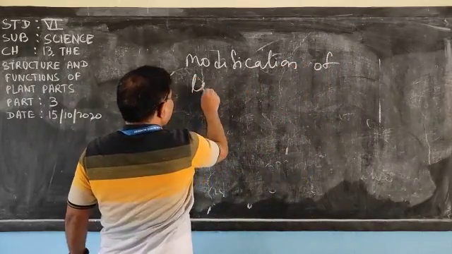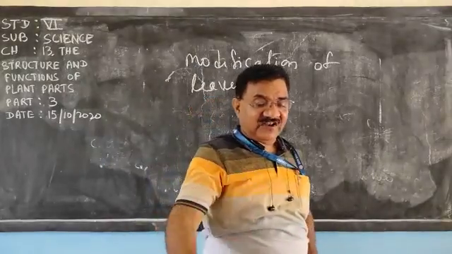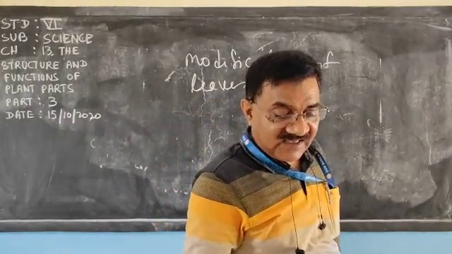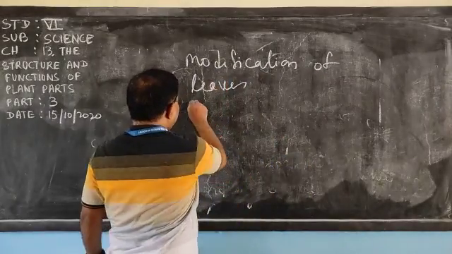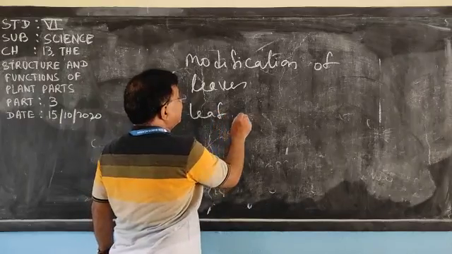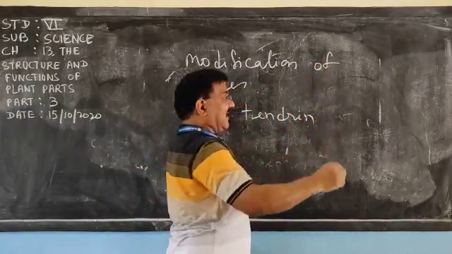Now let us discuss why leaves are modified. What is the special function? First, leaf tendril. We have discussed the stem tendril that helps in climbing.